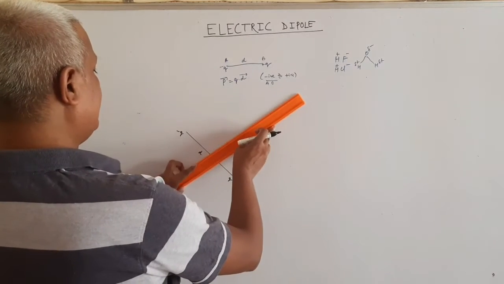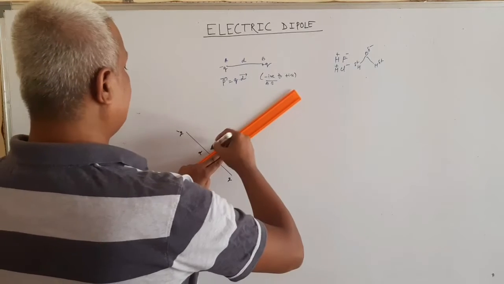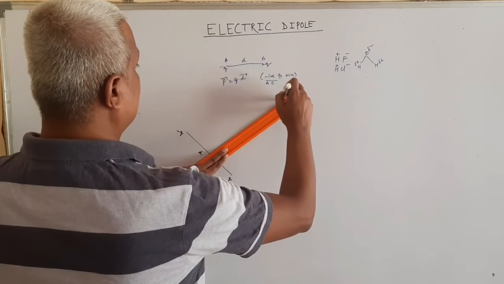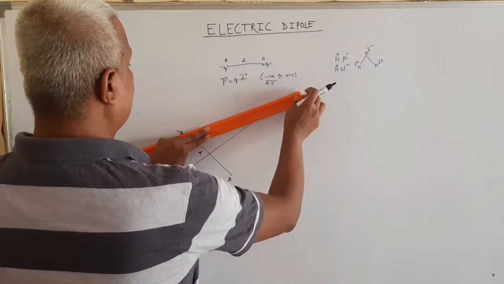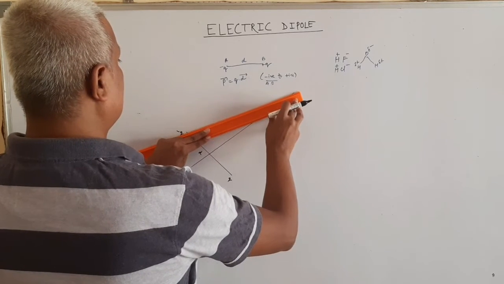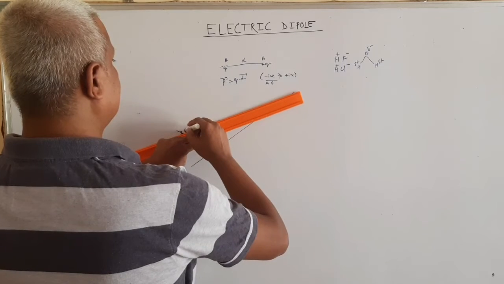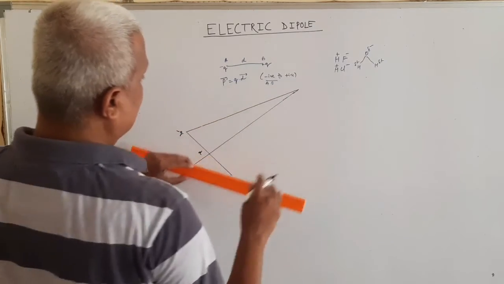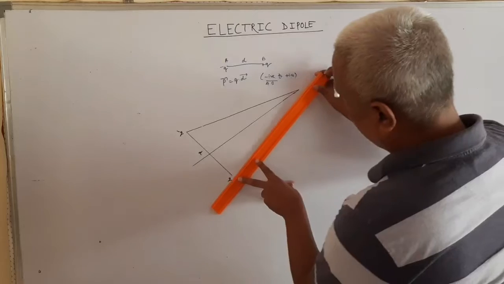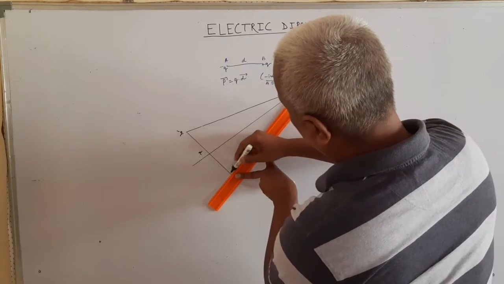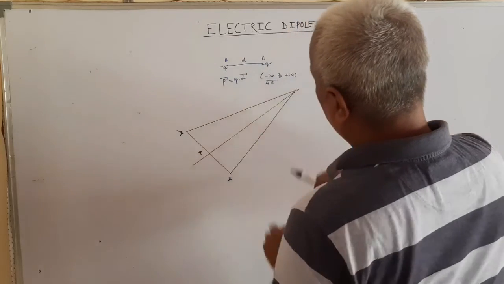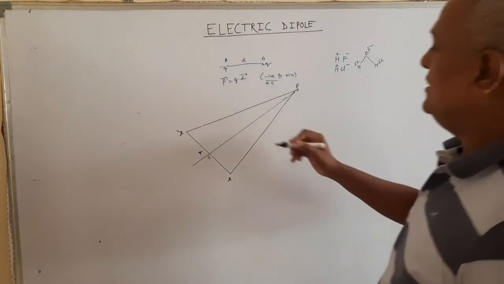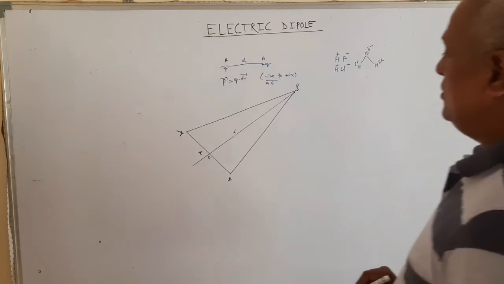Then far away from this, there is a point P where we are interested in finding the potential. We join the charges to P, and from O to P, this distance is R, OP.